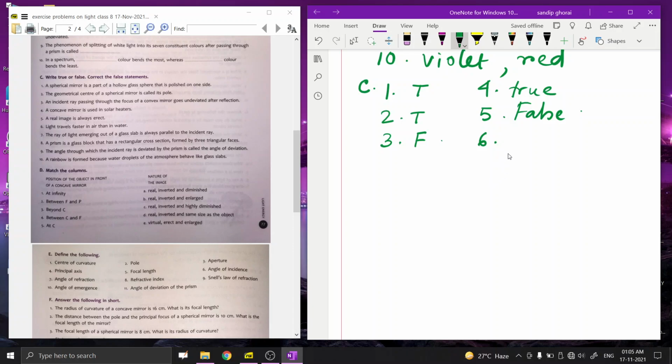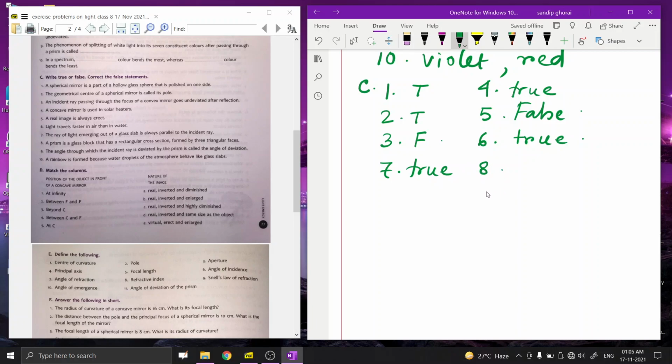This is also true, because the density of air is less than the density of water. That is why light travels faster in air than in water. Question number 7: the ray of light emerging out of a glass slab is always parallel to the incident ray. That is true.